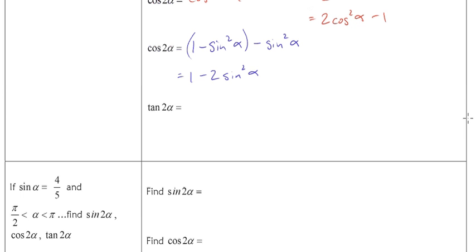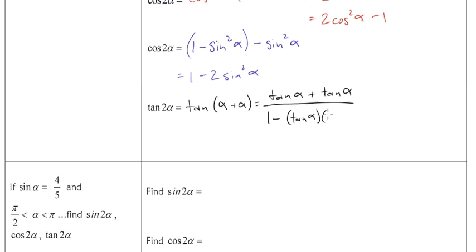Lastly, we've got tangent. The tangent of alpha plus beta we learned was tangent of alpha plus tangent of beta, but for us that's alpha again, because it's the angle multiplied by 2, over 1 minus tangent alpha times tangent beta, but for us that's alpha again.